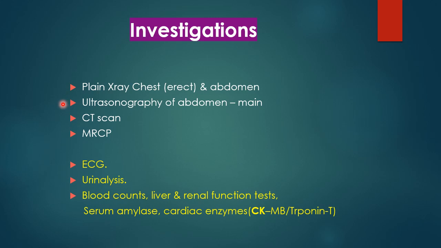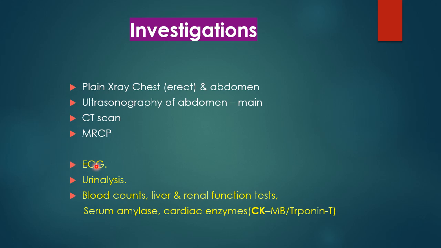Ultrasound, CT scan, and MRCP. Okay, these are the common things that are done, but most of the time you may be able to diagnose cholecystitis on ultrasound abdomen alone. At times you may want to do a CT scan. Very rarely you need to do MRCP, unless the patient is jaundiced and you suspect a bile duct blockage.